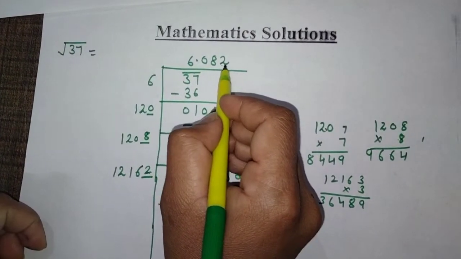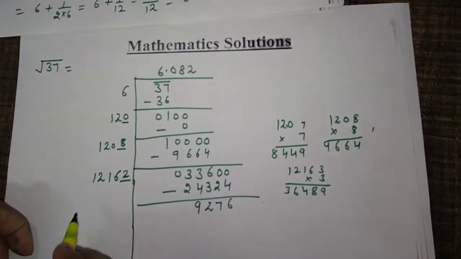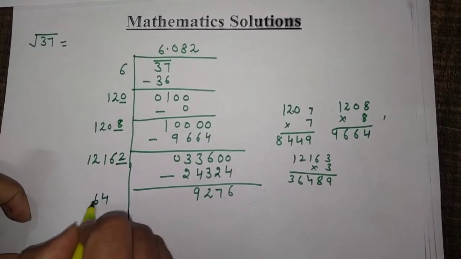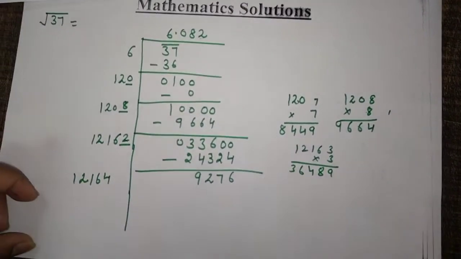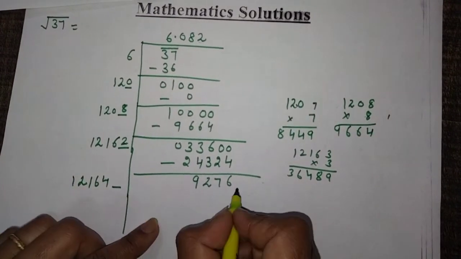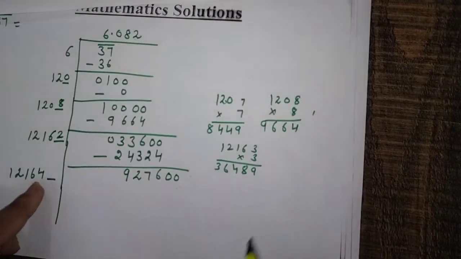Now add this last digit to this number and write it here. We get 46112. Now put a blank here and bring down another couple of zeros.